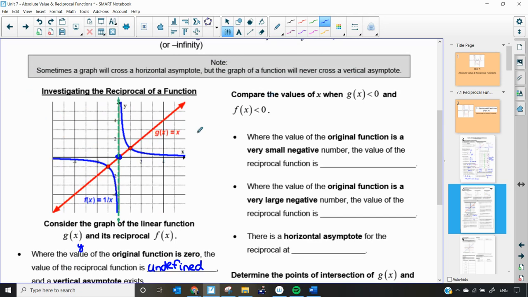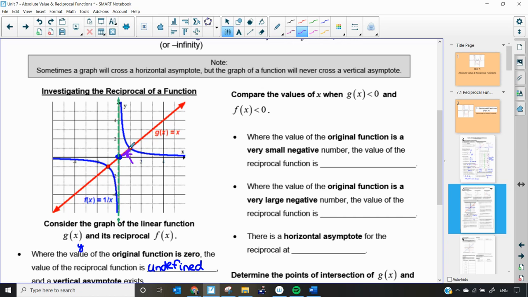So as these numbers get really, really small, so they're approaching 0, we're not talking about negatives, we're just talking about when the values of the graph are getting really small. So we're looking in this area right here. And so as the values of the graph get really, really, really small, the values of the reciprocal function are approaching x equals 0.